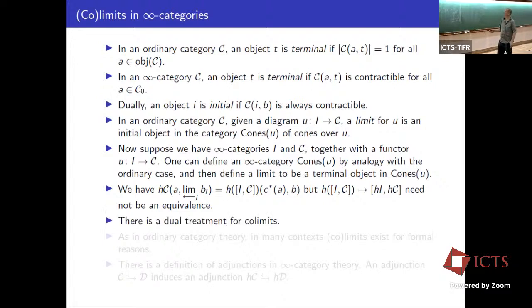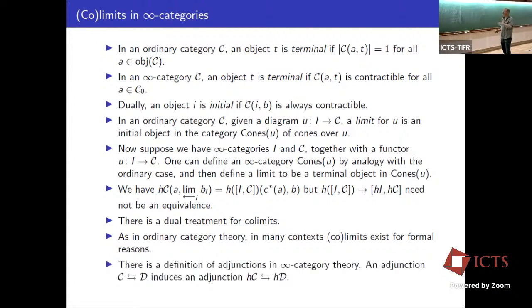And so that was inverse limits. Of course, you do co-limits just by working in the opposite category. Most of the time, existence of limits and co-limits is not really an issue. For most of the ordinary categories that people normally work with, there's a very formal way to construct limits and co-limits. It's harder work to set up the relevant theory in the infinity world, but Lurie's done it for us, so most of the time we don't have to worry about that.